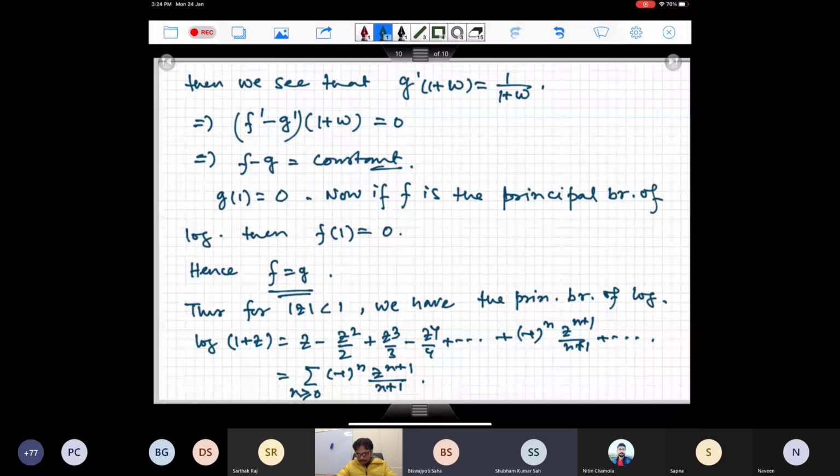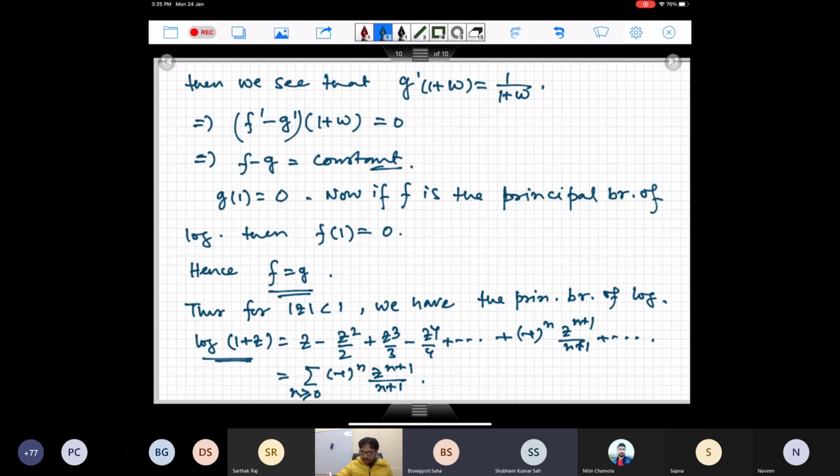Around z equal to 0, log of 1 plus z has a radius of convergence 1, so it is valid in the open unit disk around 0. But here the function is not log, it is log of 1 plus z.